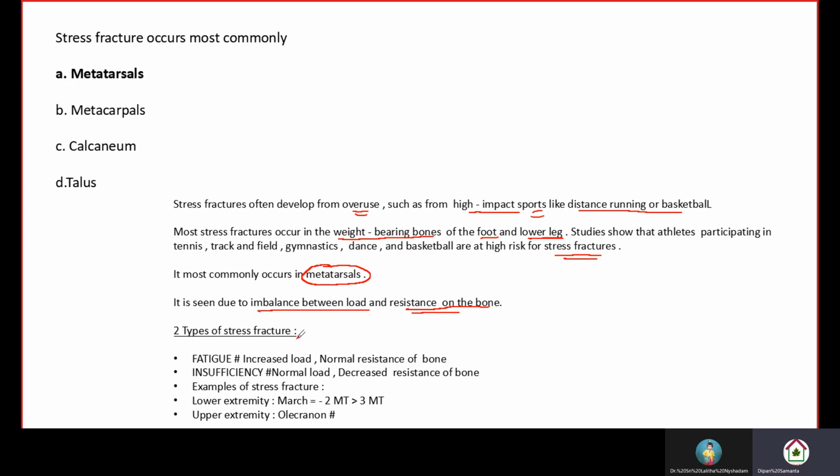So basically there are two types of stress fractures. One is increased load, normal resistance.